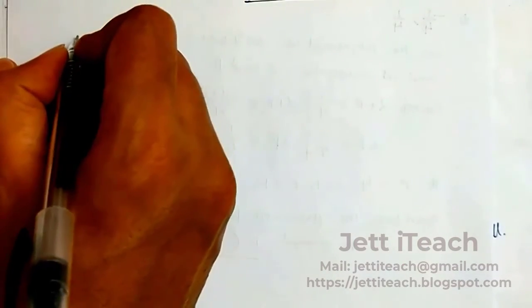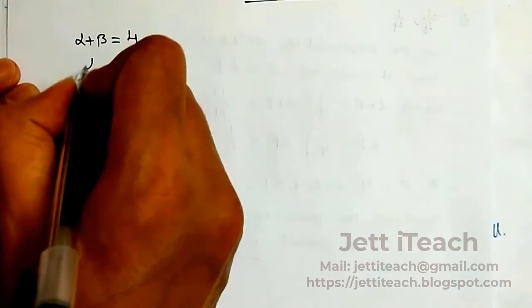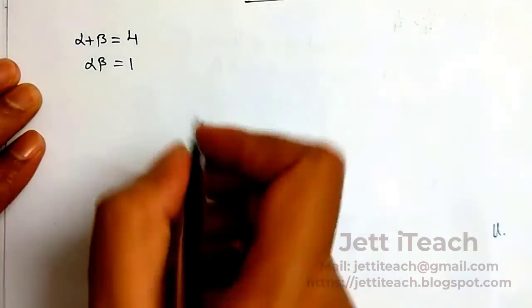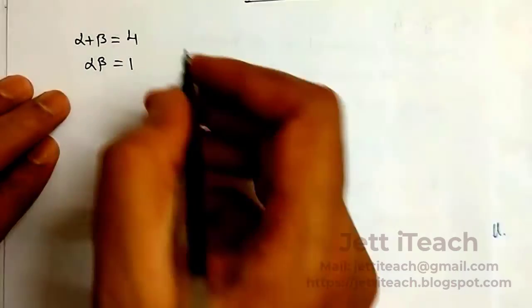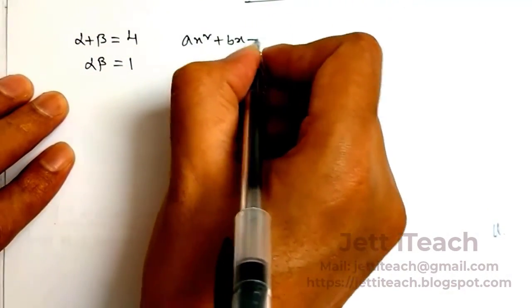I will give one tip for sum of roots and product of roots. I will solve this question in a different method. If the sum of roots is 4 and the product of roots is 1, the general equation is ax square plus bx plus c.